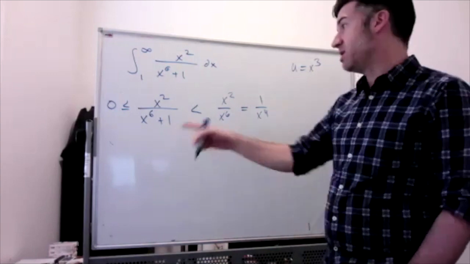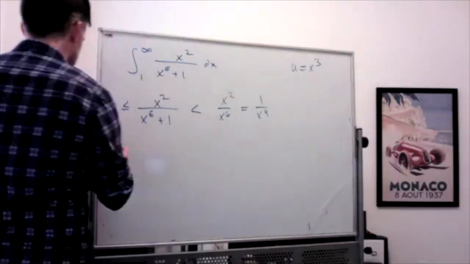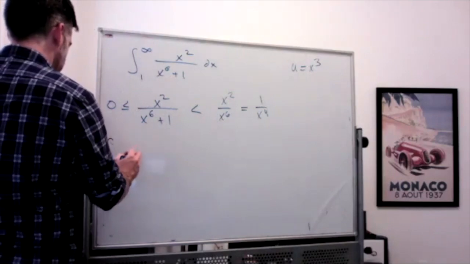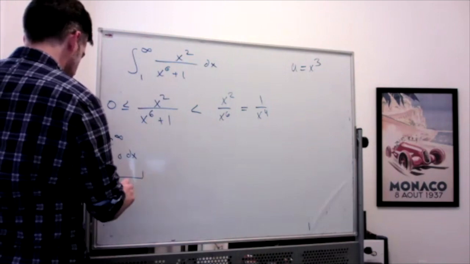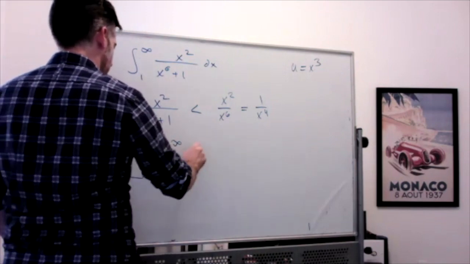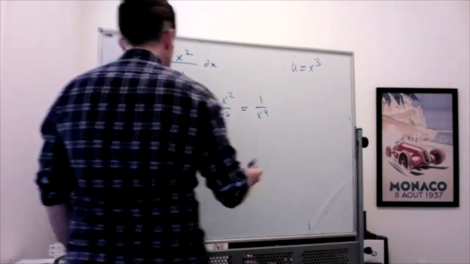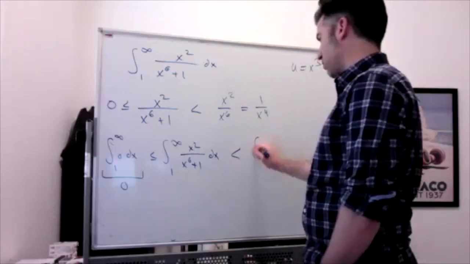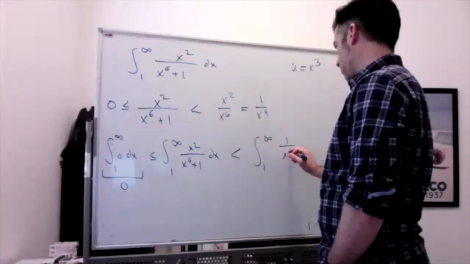And so if these inequalities are all true, it's also true that the integral of 0 from 1 to infinity, which is 0, is less than or equal to the integral from 1 to infinity of x squared over x to the 6 plus 1. It is less than the integral from 1 to infinity of 1 over x to the 4th.